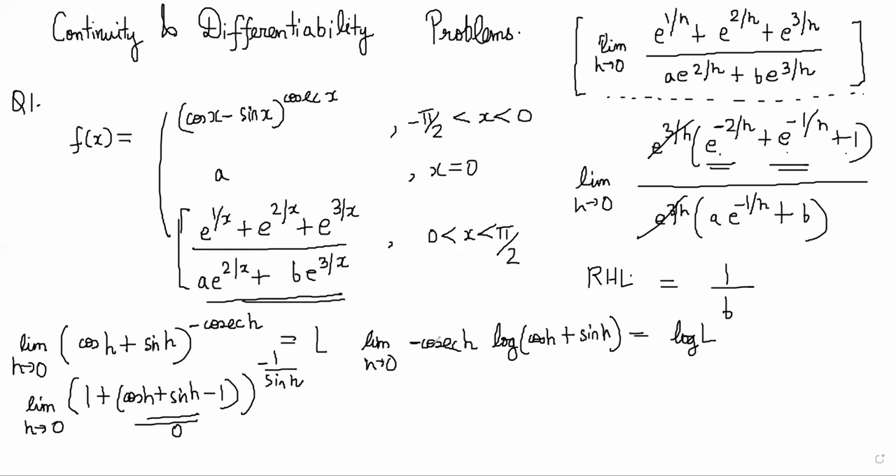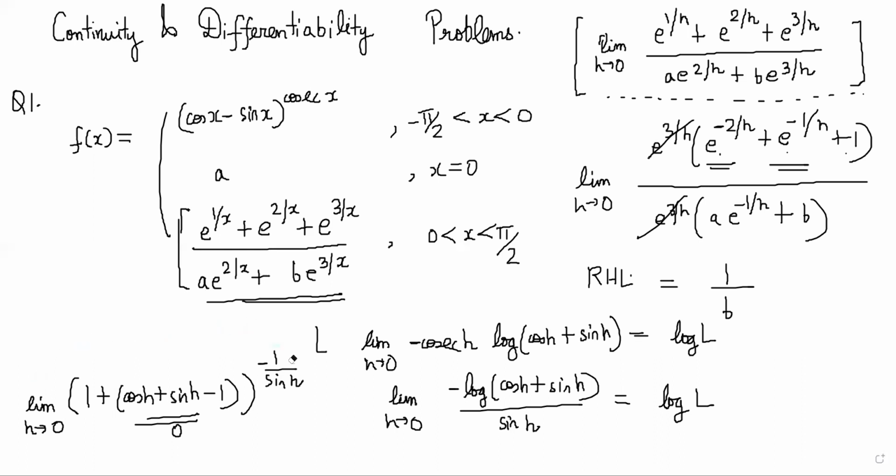This can be written as minus log of cos h plus sin h divided by sin h, limit h tends to 0. And this is 0 by 0. Because this is 0 by 0, I can use L'Hopital now.